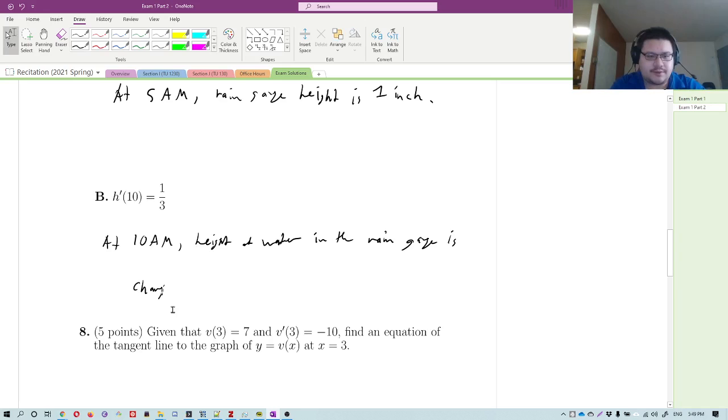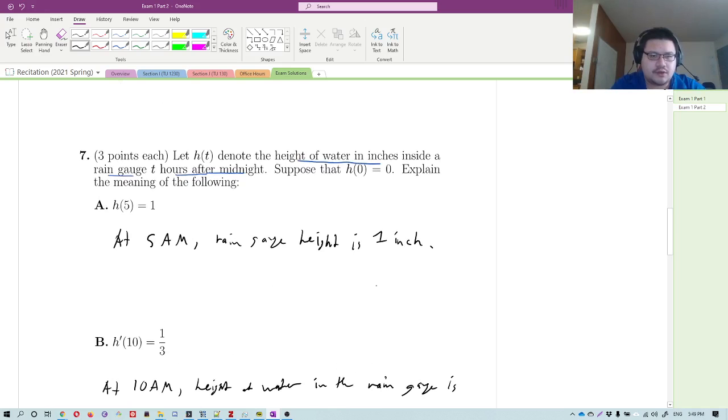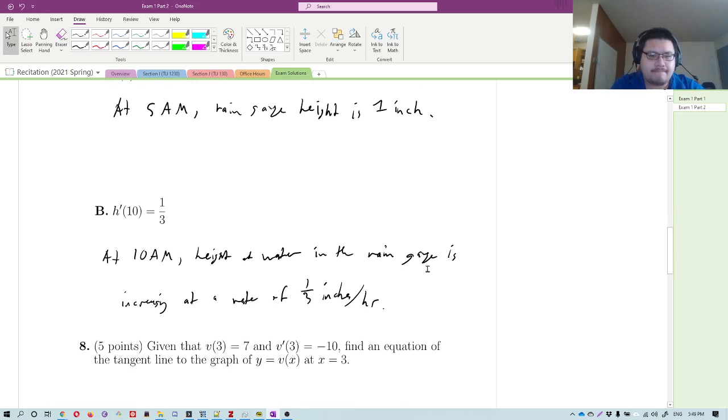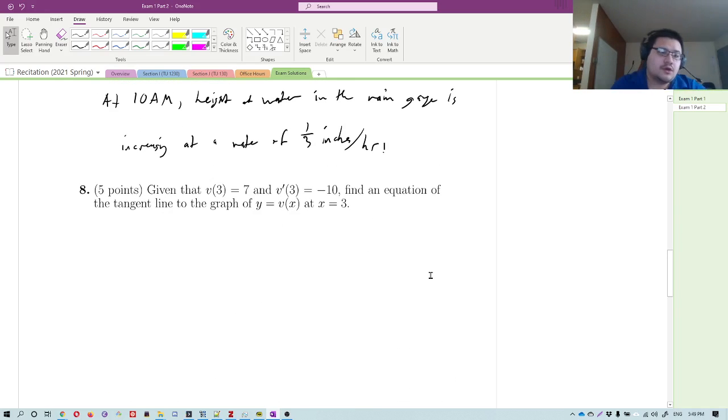I prefer increasing than changing. Increasing at a rate of 1/3 inches per hour. This is in terms of hours, yeah? Okay. So that's what B is saying.